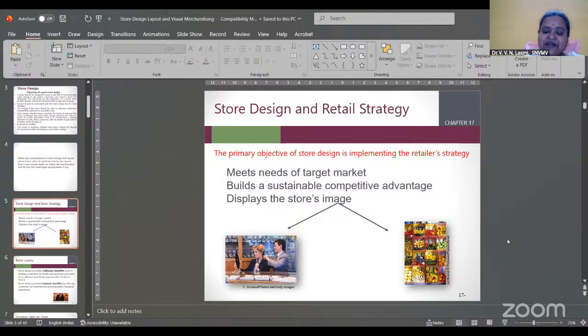Any retail strategy regarding store design should look at whether the design meets the expectations and needs of the target market, whether it is able to build a sustainable competitive advantage, how the displays are, and what kind of image is created in that store. Why? Because store design is important to decide where our retail store should be located.